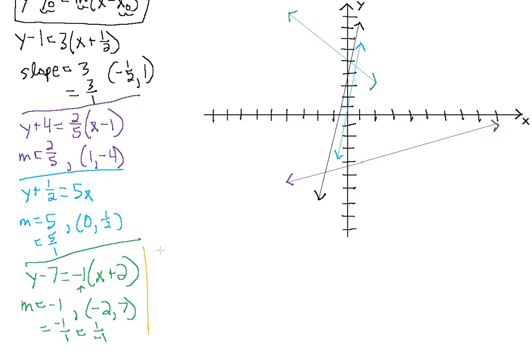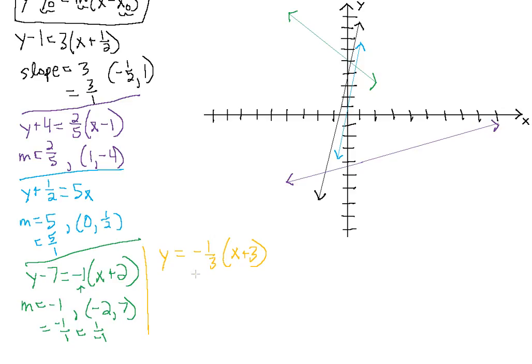Let's say we have the equation y equals -1/3 times x plus 3. Okay, now this actually looks like a combination of slope-intercept form and point-slope form, because y is solved for, which makes us think slope-intercept form, but we have x over here in parentheses, which makes us think point-slope form.